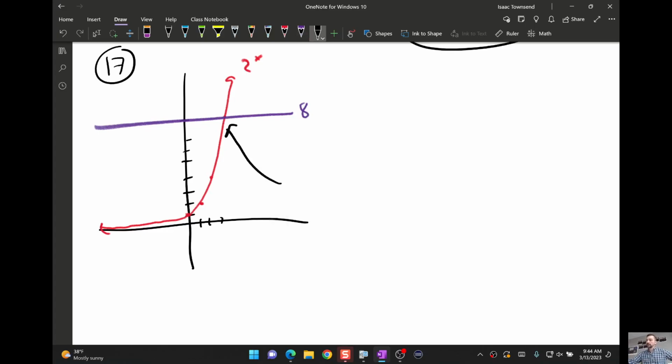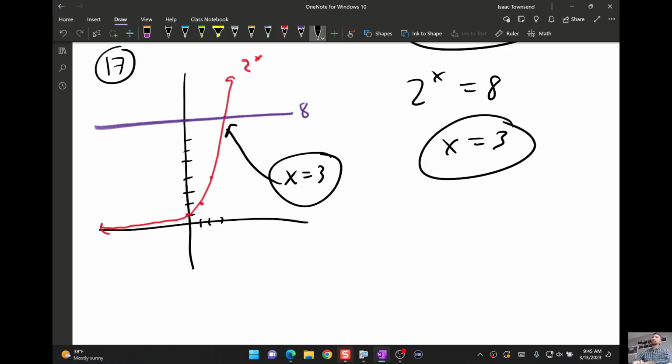So it looks like they are at the same place at the same time when x equals 3. So that would be a visual way to solve those being equal. The second half of the question wants you to solve it algebraically, but if you set 2 to the x equal to 8, that's one where you don't have to get out logarithm stuff, hopefully. Hopefully you can just do that in your head.